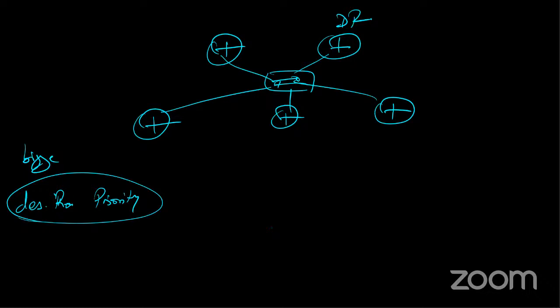Every router has a special number on it. The moment you enable OSPF, it gets a special number called the DR priority.